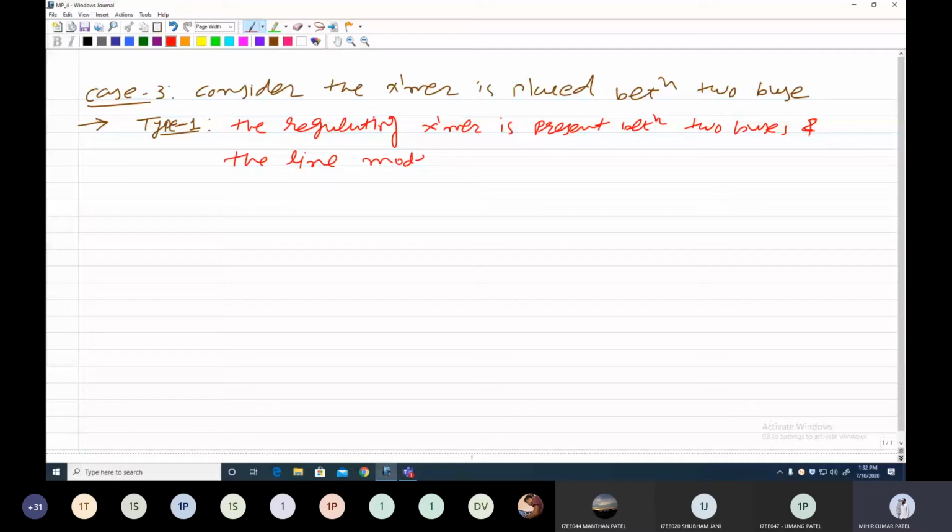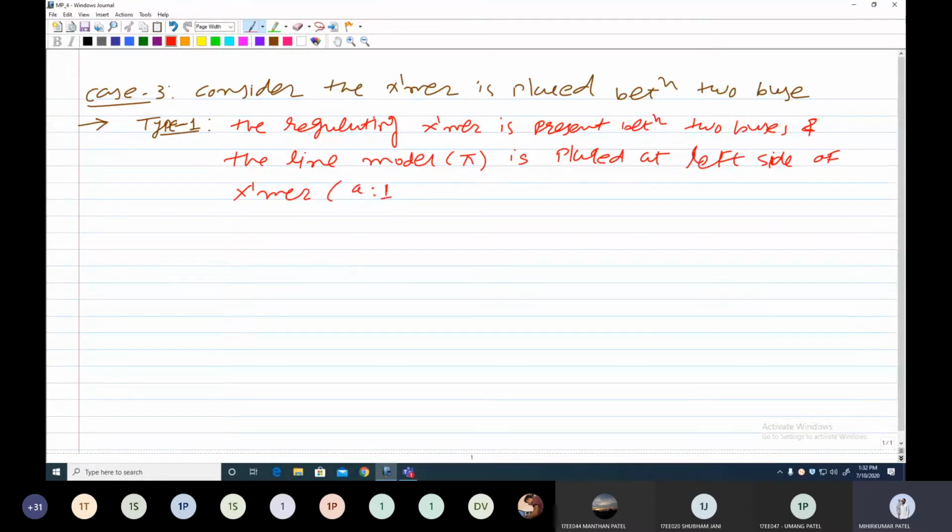The line model is placed at the left side of the transformer, with transformation ratio a:1 or A into 1.